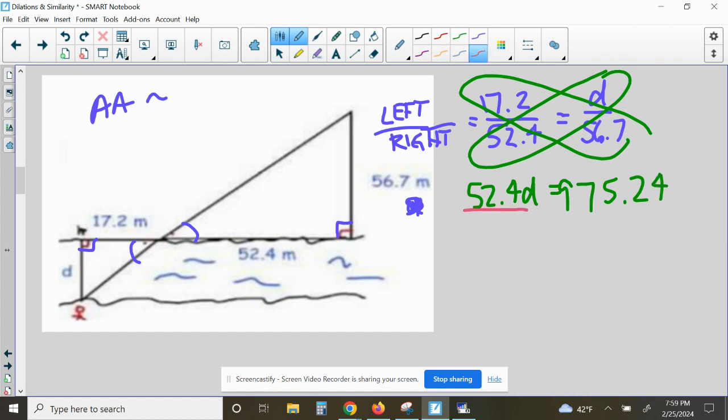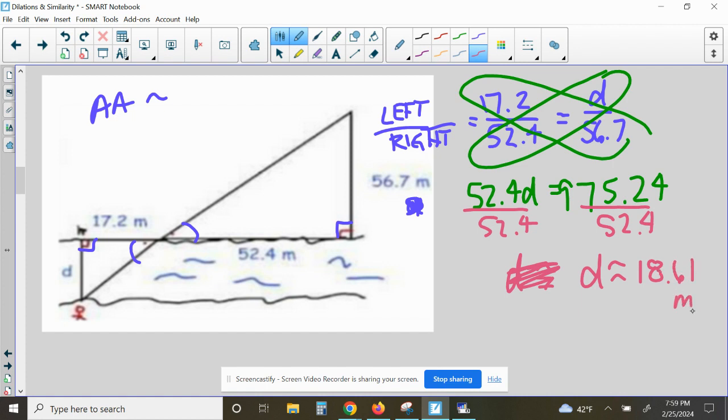Okay, then to solve that, I got to divide this side by 52.4, divide this side by 52.4. So divided by 52.4. And I got D is approximately 18.61.